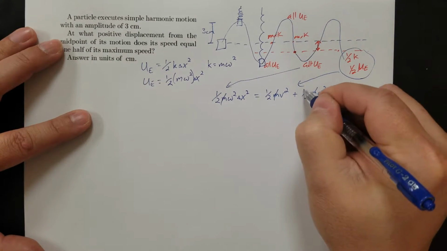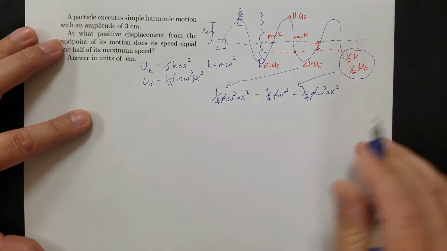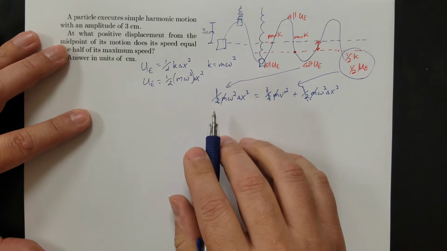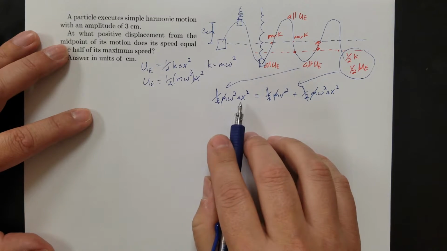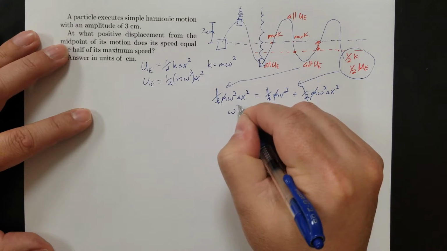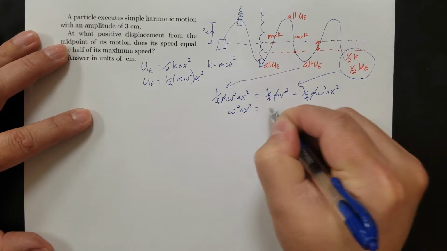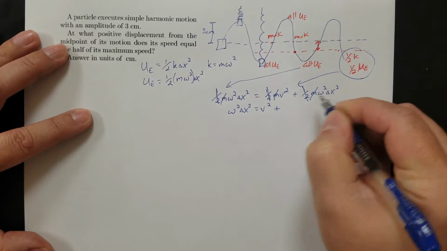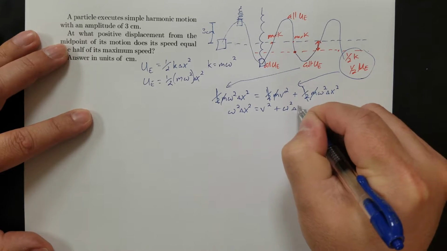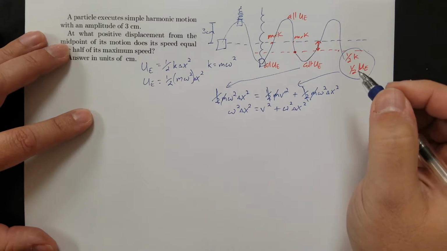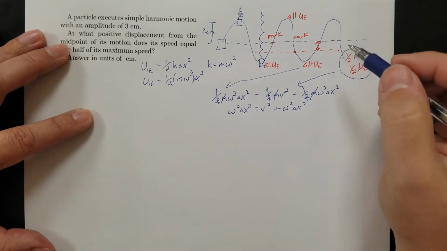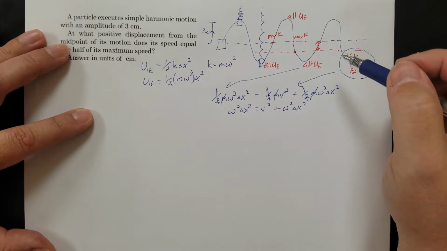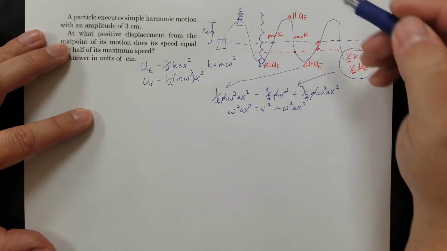All of these have a half, so a half goes away. So omega squared delta x squared equals v squared plus omega squared delta x squared. And this first delta x is going to be the amplitude.